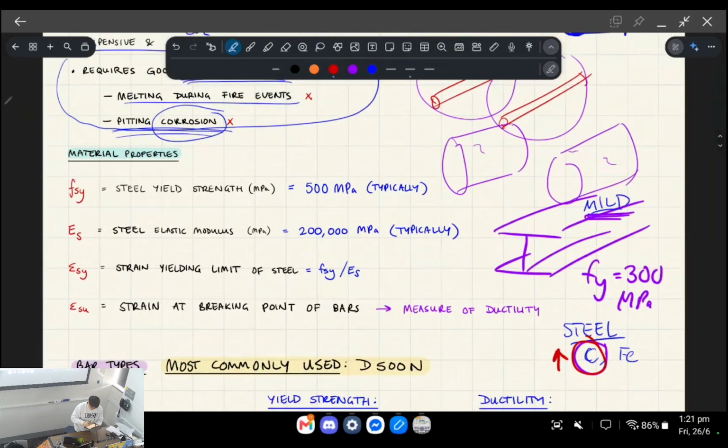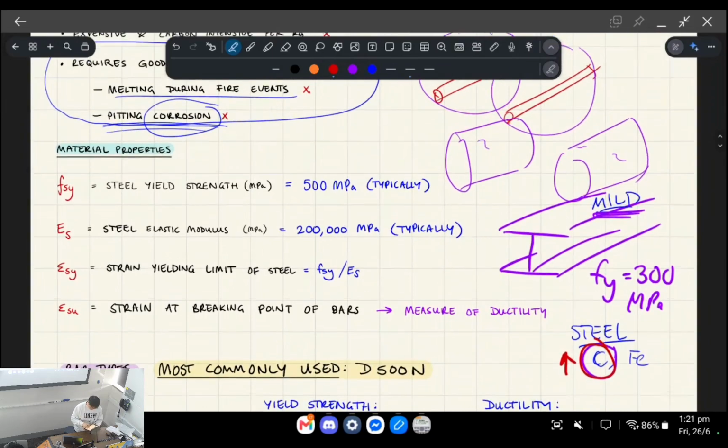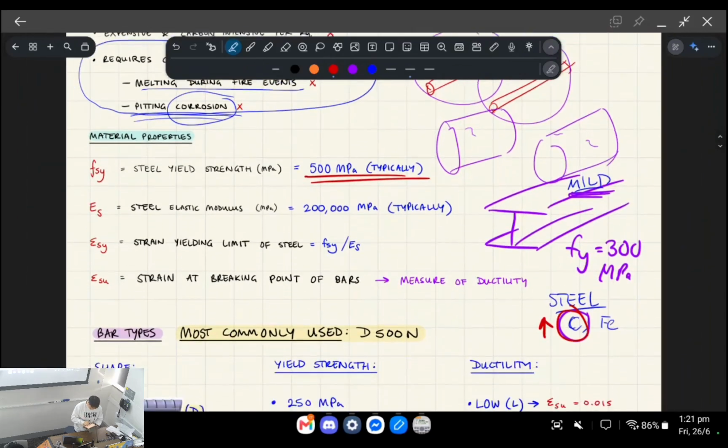That's a kind of trade-off. This is a very simplified version of the metallurgy behind steel. But my point is, the steel reinforcement is not mild steel. It's actually got a higher carbon content than what you would see in structural steel, okay? So structural steel is the one with lower carbon content. Reinforcing steel for concrete is higher carbon content, okay? Does that make sense? Okay.